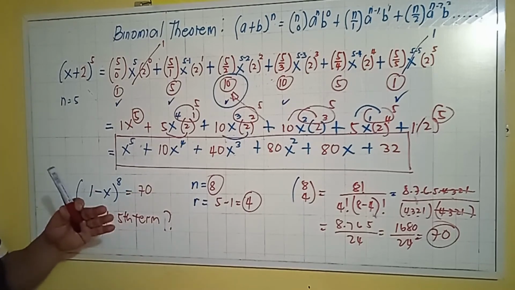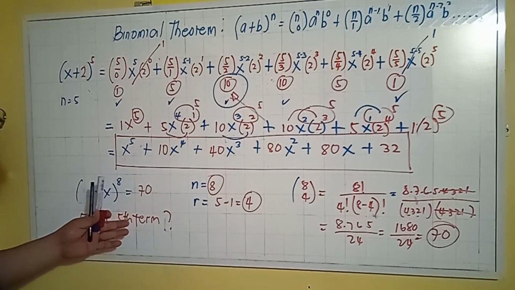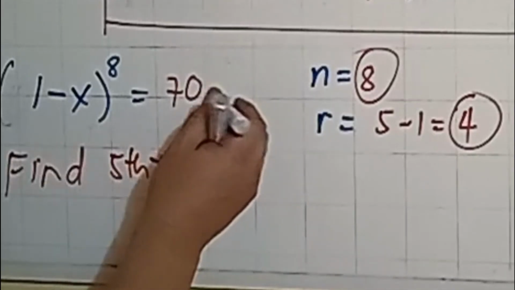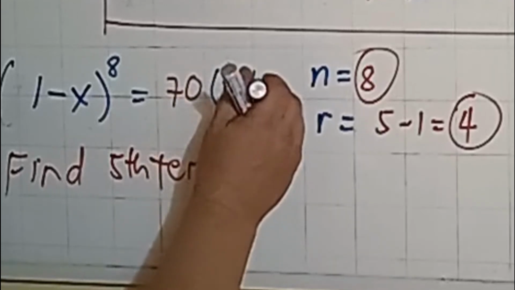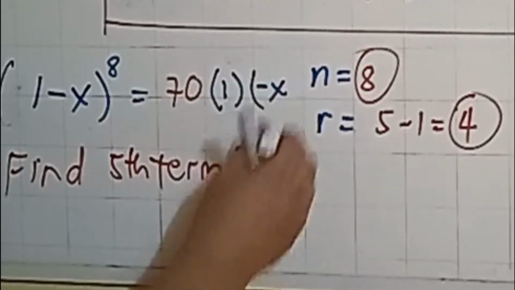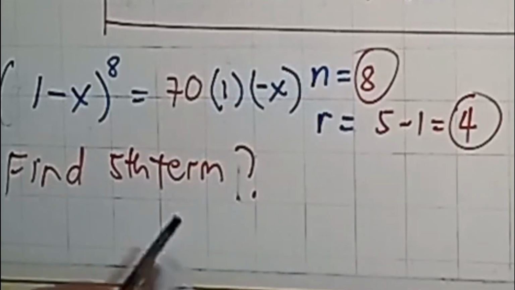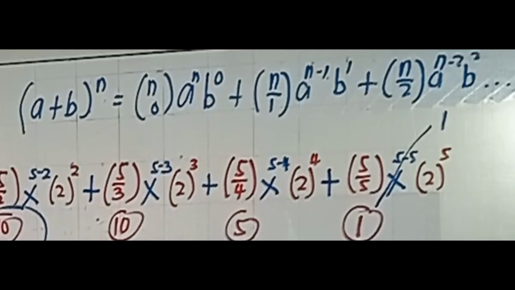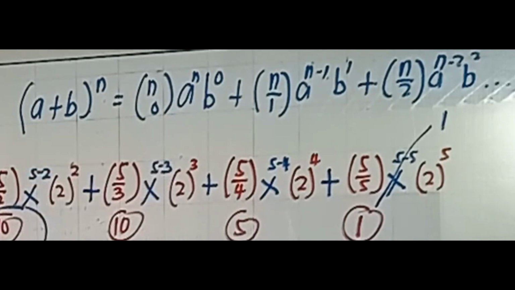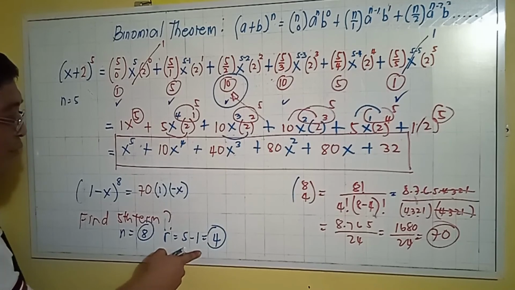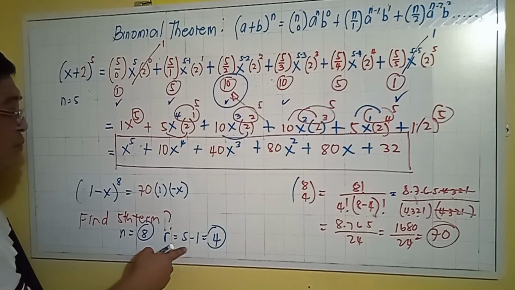Ano ngayon yung gagawin nating kasama nito? So, this one, we have our A represent 1 and B as negative x. So, ano yung exponent natin? So, yung exponent natin, start tayo sa B, dito sa given formula. We have B raised to R. R is equal to 5 minus 1.